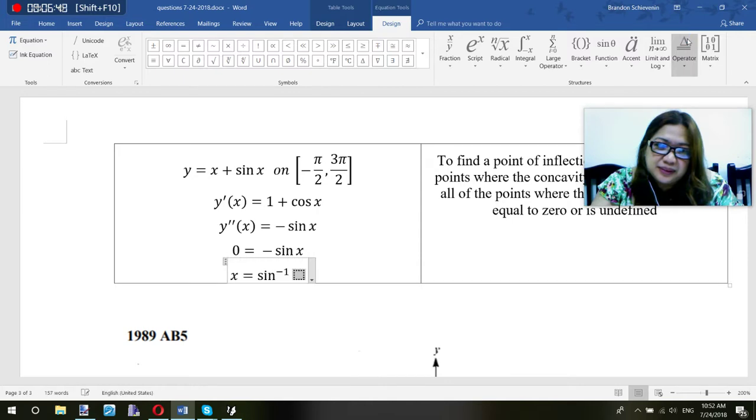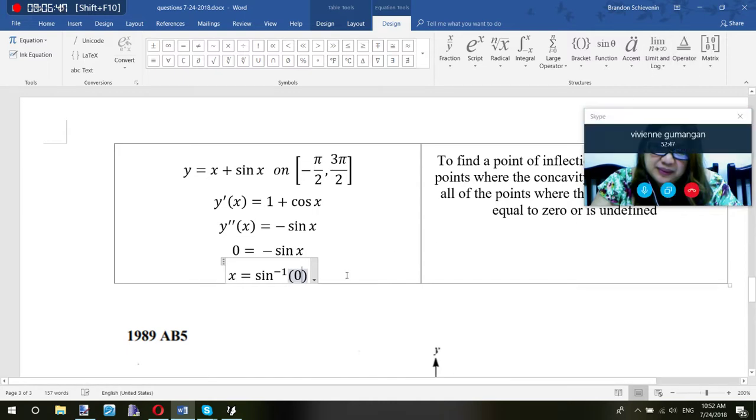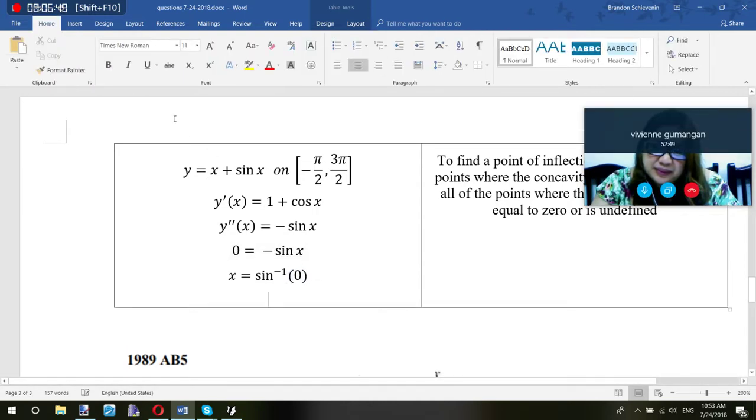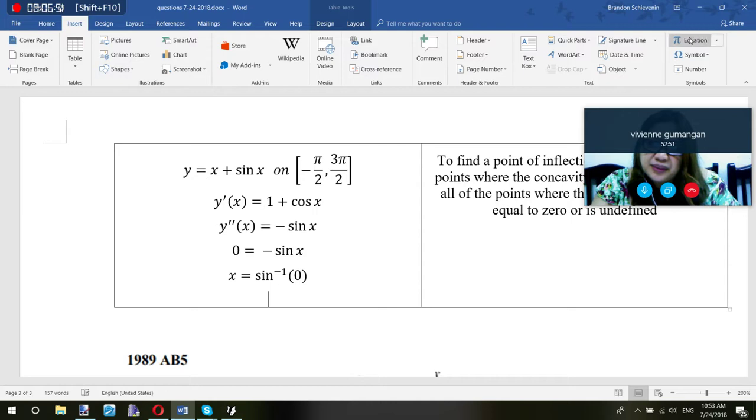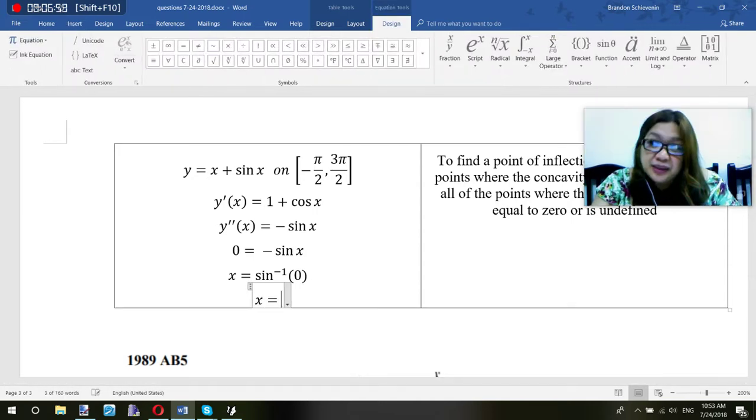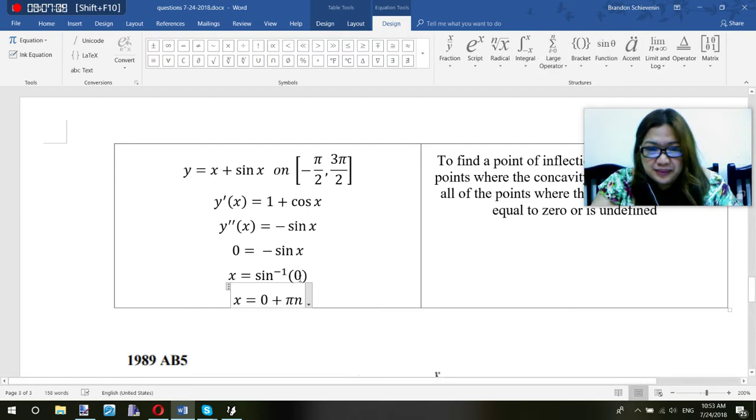You said inverse sine of 0. Okay, where is the sine equal to 0? Sine is equal to 0 at 0, pi, and 2 pi. So I could say 0 plus pi n would be all possible values, but we don't have all possible values on our interval.